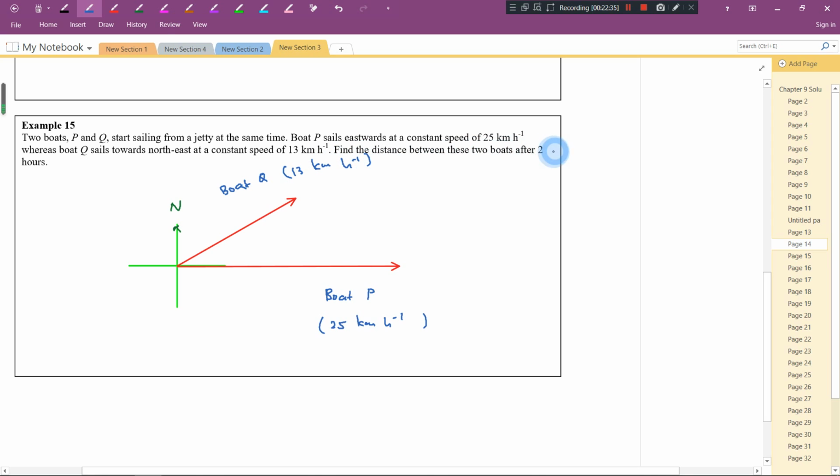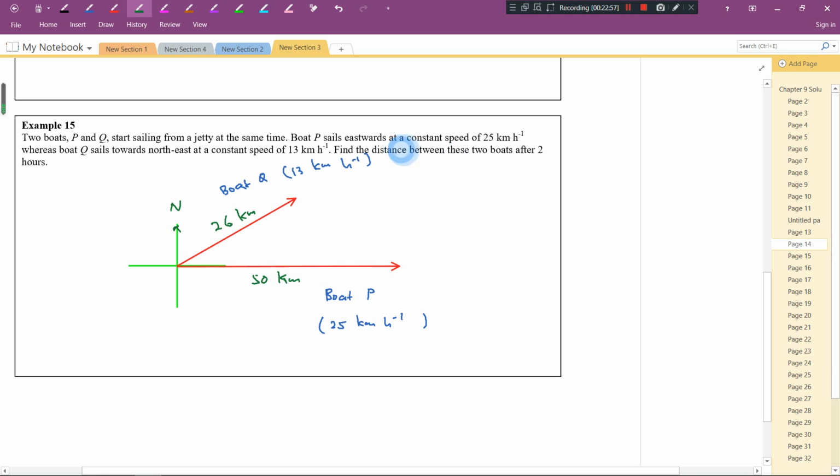After 2 hours, Q's distance will become 26. How do I get 26? 13 times 2. One hour's travel is 13 kilometers, so 2 hours will be 26. Same thing applies here: 25 times 2, 50 kilometers.